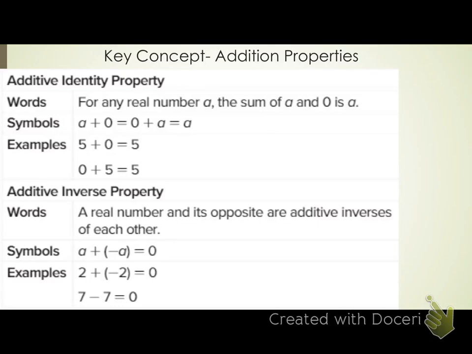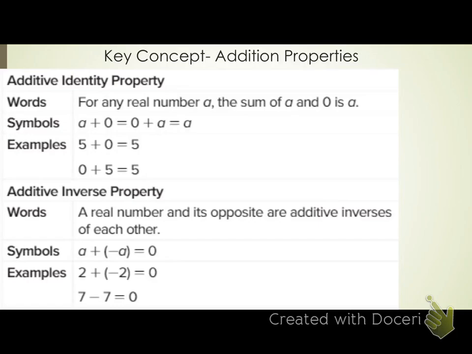Okay, additive inverse. We also talked about this on the previous slide. A real number and its opposite. You guys understand what I mean when I say that? What's the opposite of 5? Negative 5. If I add those together, what do I get? 0, the additive identity. So any real number and its opposite are what we call additive inverses of each other. A plus negative A equals 0. 2 plus negative 2 equals 0.